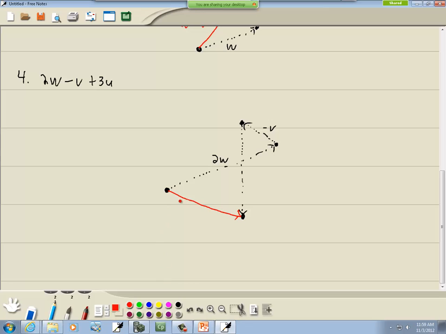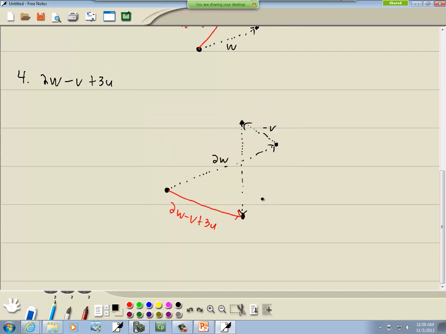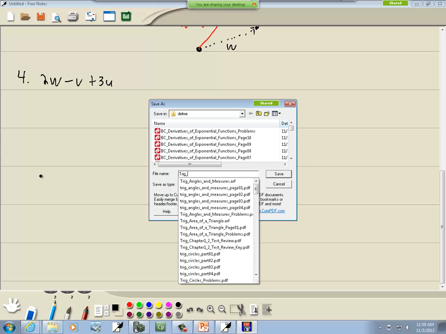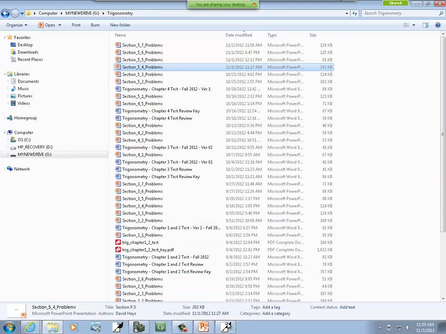So this would be our vector, 2w minus v plus 3u. And that's our answer. Let me save this.